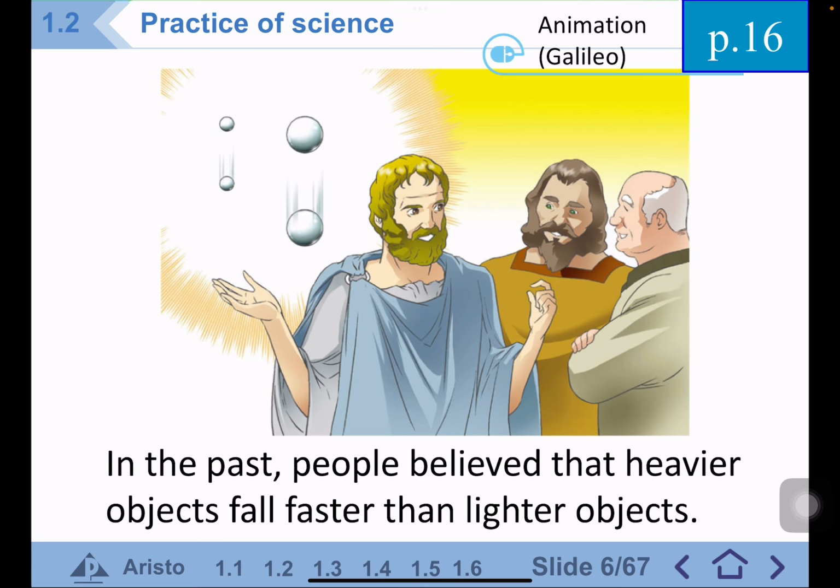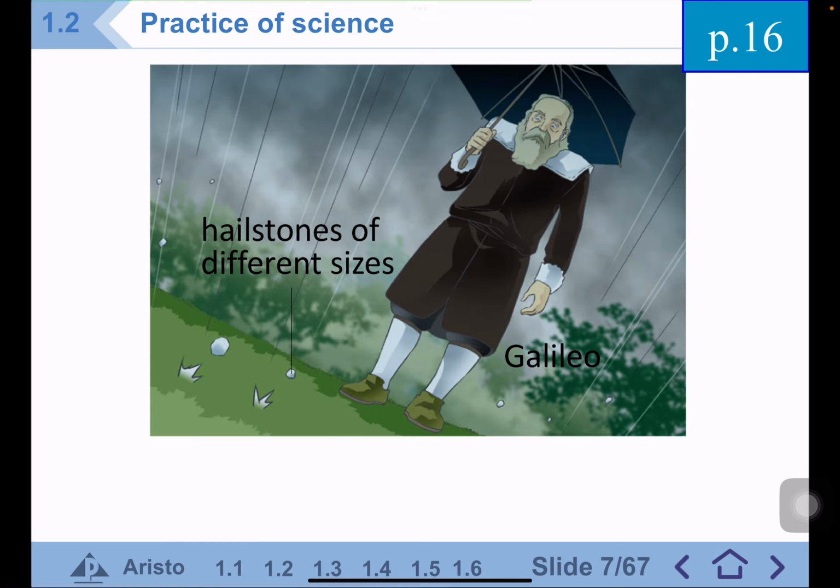In the past, people believed that heavier objects would fall faster than lighter objects. That means if it is 4 kg, it will fall faster than something with 2 kg. But one day, Galileo, the scientist, saw some hailstones falling down from the sky.